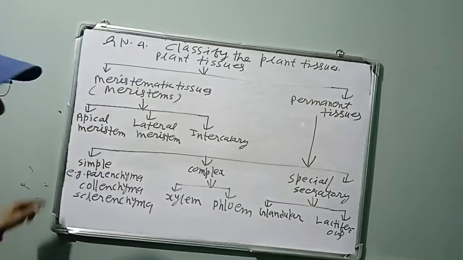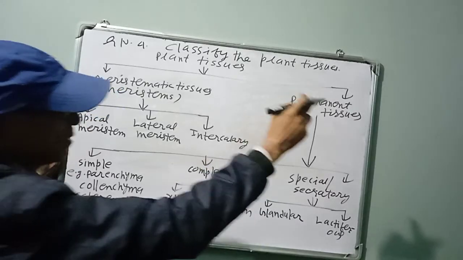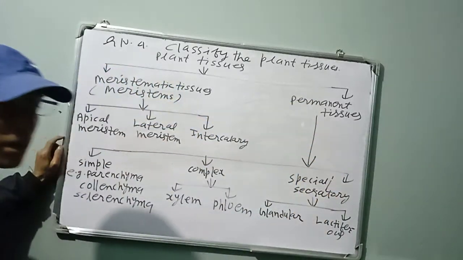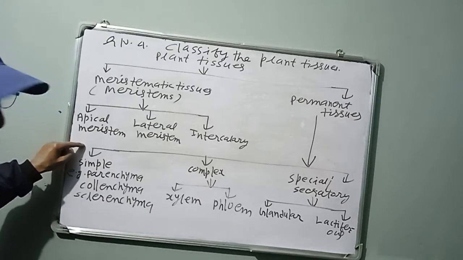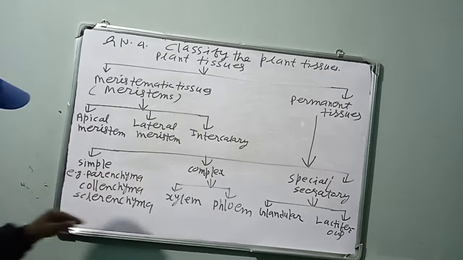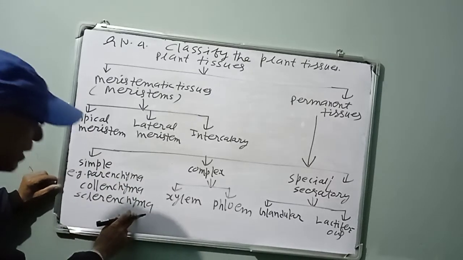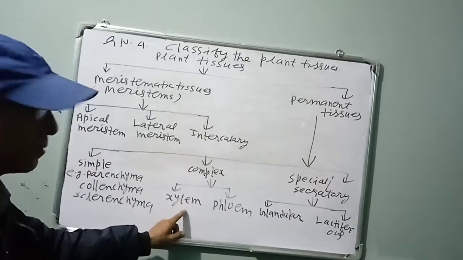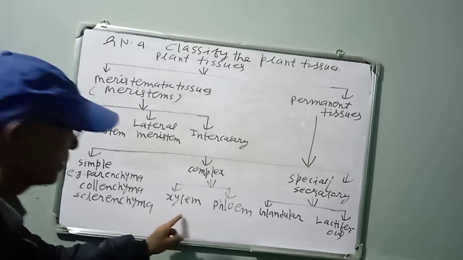Permanent tissues are mainly of three types: simple permanent, complex permanent, special or secretory permanent. Simple permanent tissues are also three types and subtypes: parenchyma, collenchyma or chlorenchyma, sclerenchyma. Complex, xylem and phloem. Main functions, which I will write down later on.